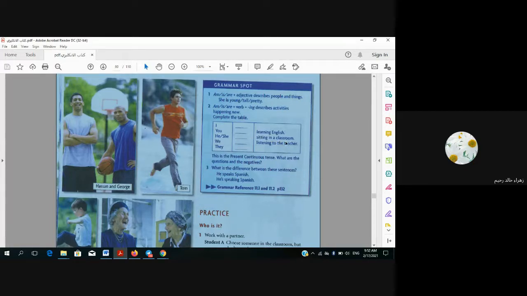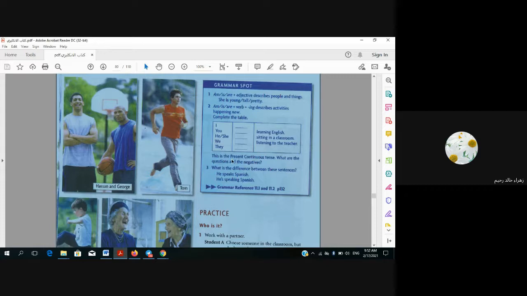He and she is listening to the teacher. We are and they are, and what we are doing now. احنا شو نسوي حاليا؟ ندرس إنجليزي. So we are studying English. Yes, very good.